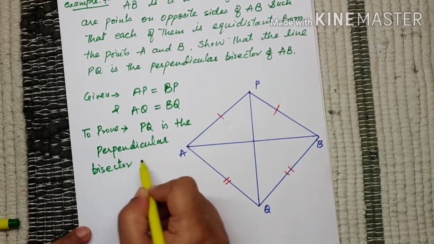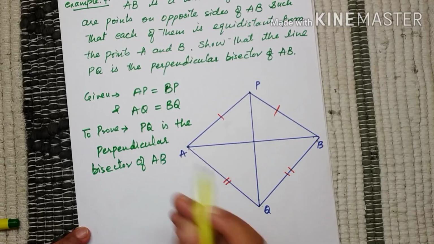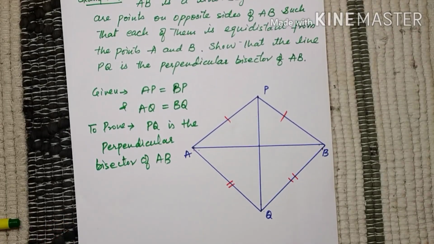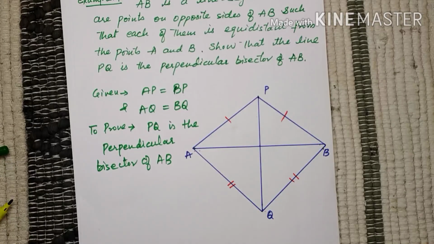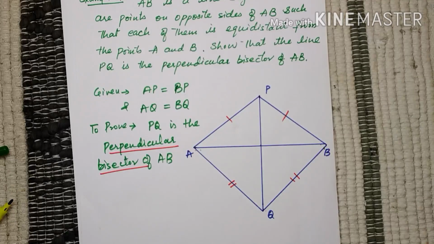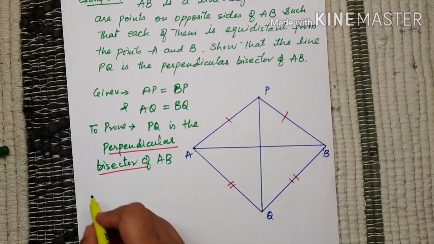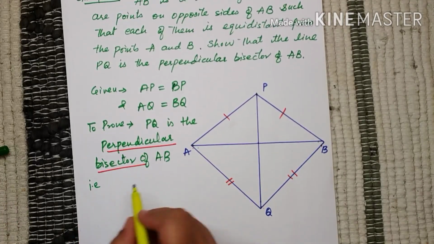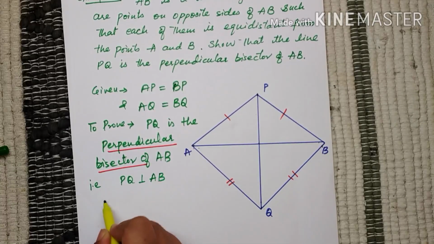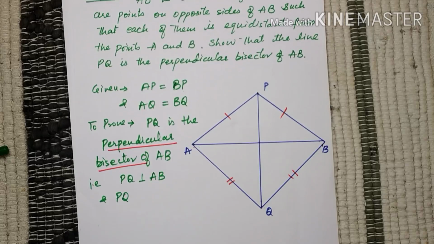Now, most important term is the perpendicular bisector. Understand what perpendicular bisector is, this word consists of two things. One is perpendicular and the other is bisector. That is, I need to prove PQ is perpendicular to AB and PQ bisects AB.